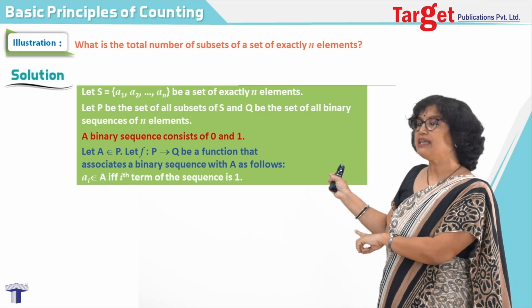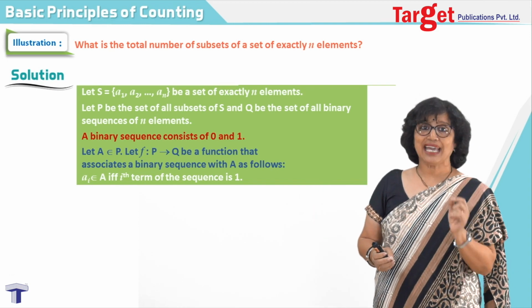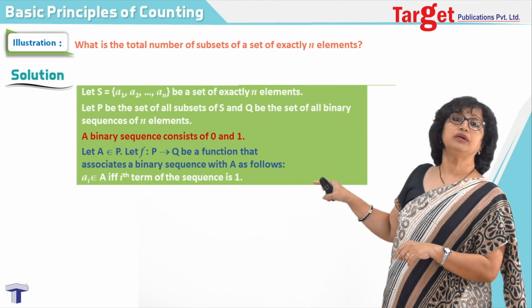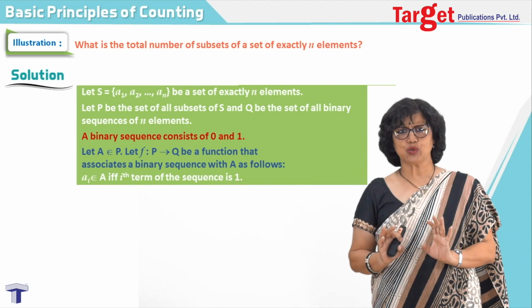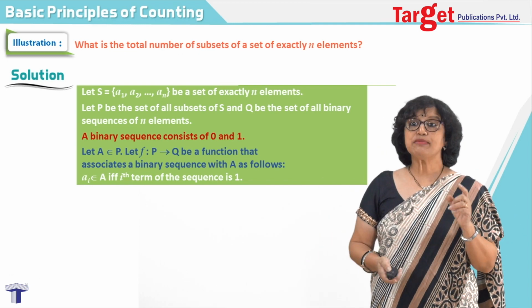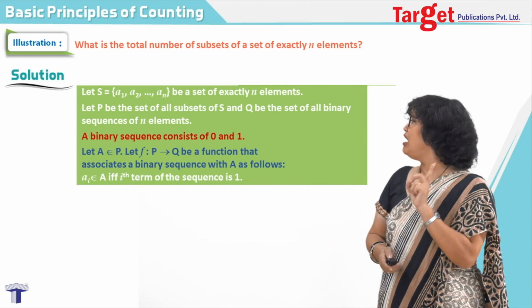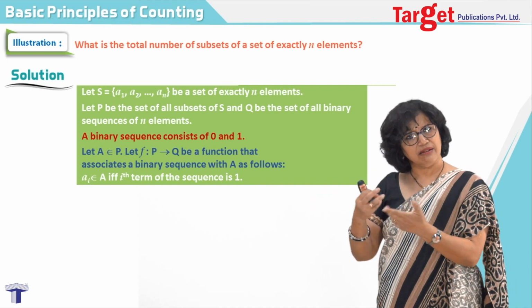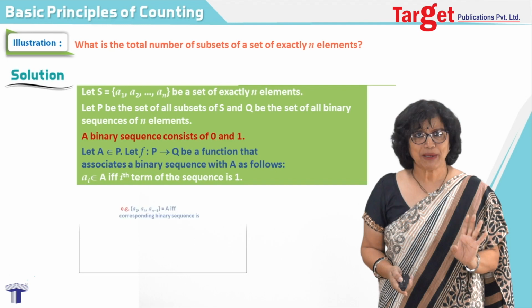I choose something like this, that an element AI would belong to set A if and only if the ith term of the sequence is 1. This I have chosen to understand whether there is any connection between these two sets. I am saying AI belongs to A if and only if the ith element is 1 in that sequence. Otherwise, for the rest I am expecting zeros.